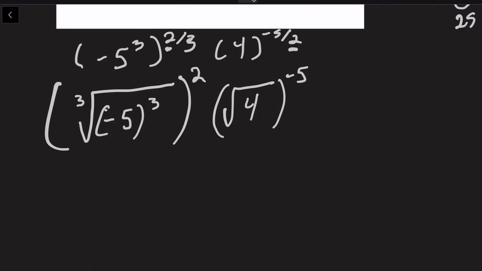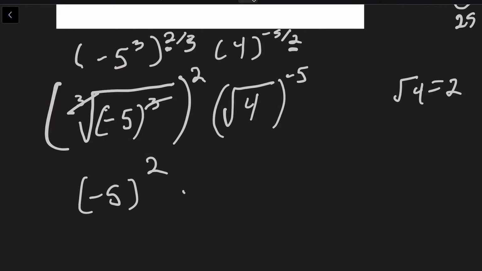The first radical, we have negative 5 to the third, and the radical is a cube root. So we can essentially get rid of this, and we can say negative 5 squared times the square root of 4. The square root of 4 is 2. That one's easy to know.